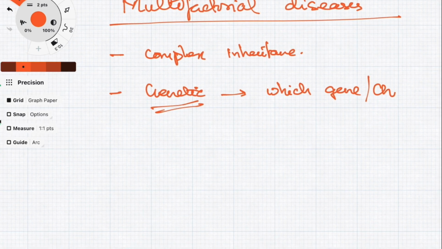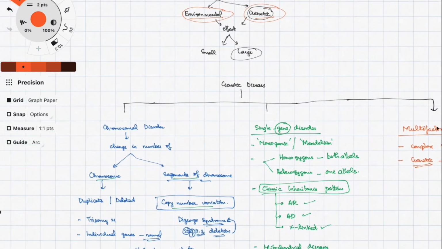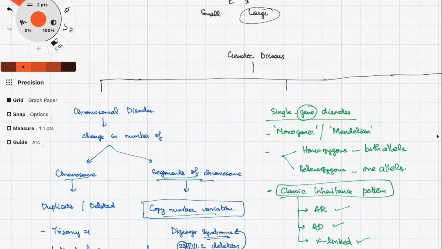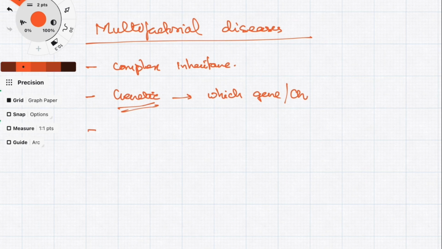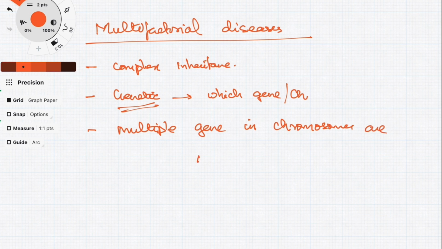This is because unlike the earlier two, where either a particular chromosome is affected or a particular gene is affected, here multiple genes in multiple chromosomes are involved.